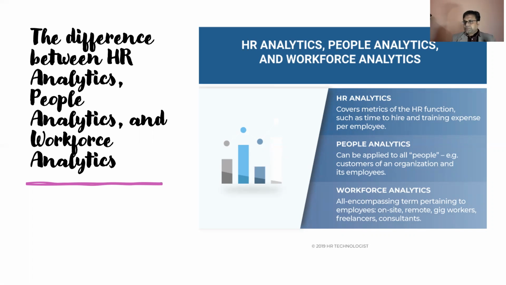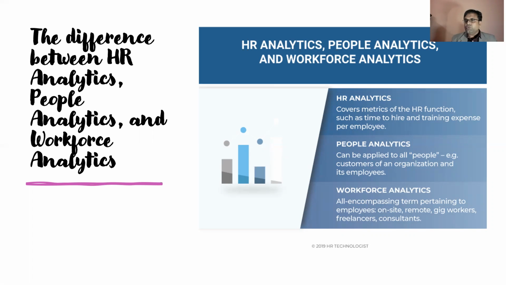Recruitment or hiring is an HR function, so time to hire is an HR analytics metric. Training is an HR activity, so expenses per employee on training is an HR analytics metric.